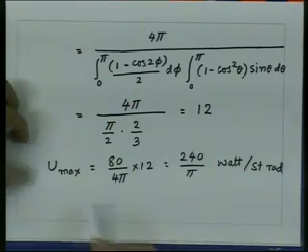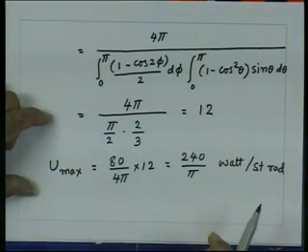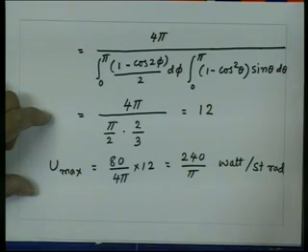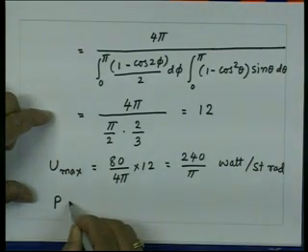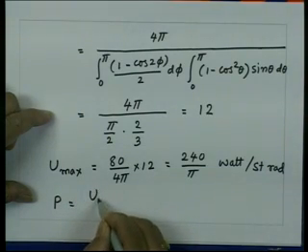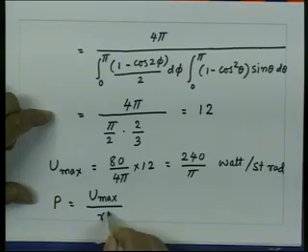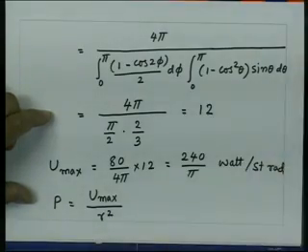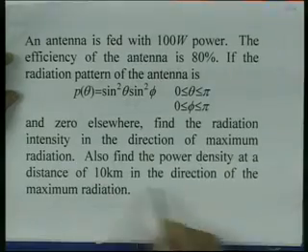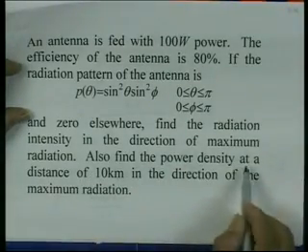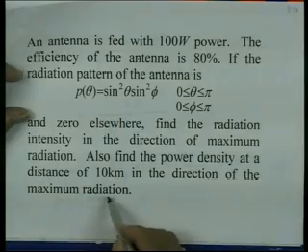Now, the pointing vector in that direction at a distance we can calculate, because we know that the power density P is the radiation intensity divided by r square. And it is given we have to find out this power density at a distance of 10 kilometer in the direction of maximum radiation.